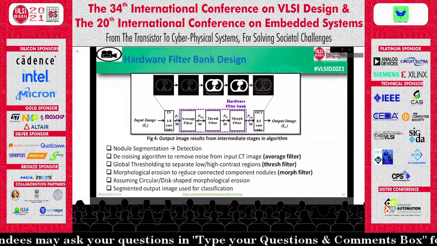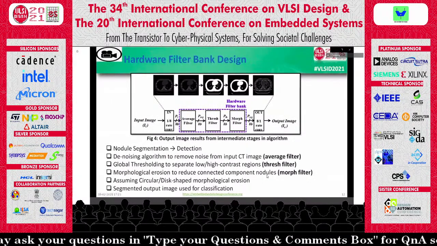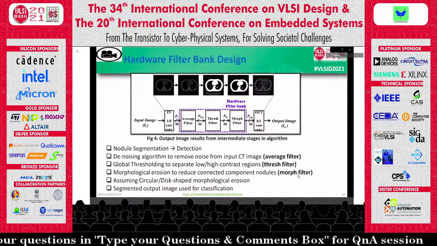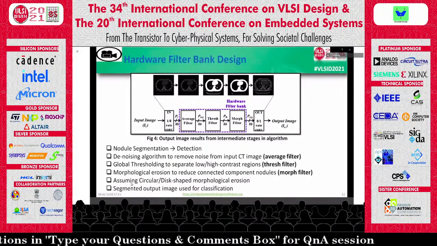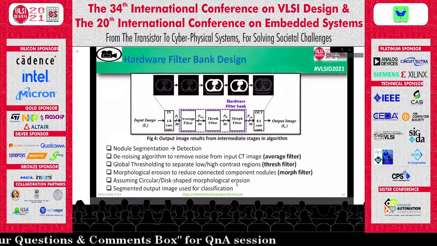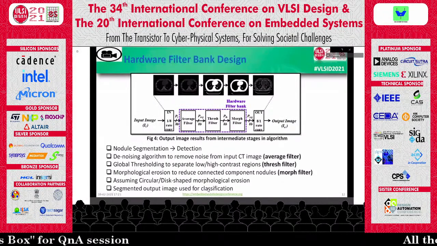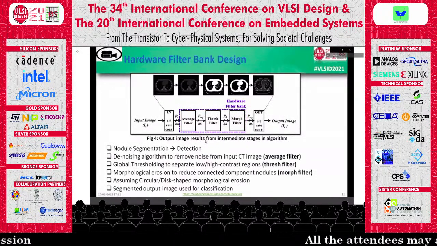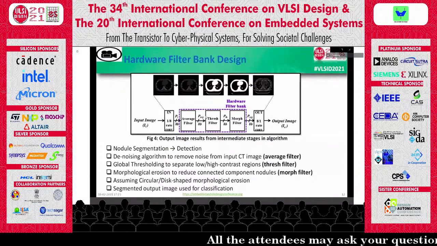Morphological erosion reduces connected component nodules through the morphological filter, and we are assuming here circular or disc-shaped morphological erosion. The segmented output image is used for the classification. In this image, we can see the output image results from the intermediate stages in this algorithm.